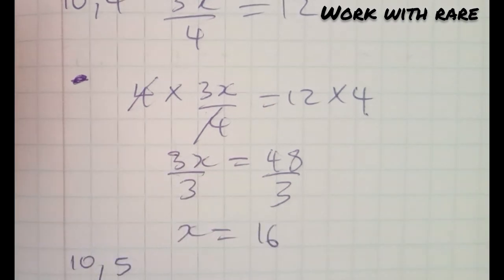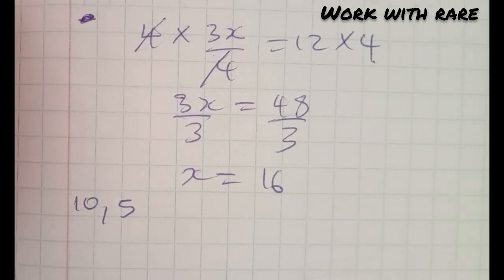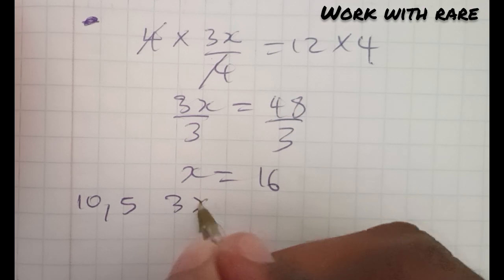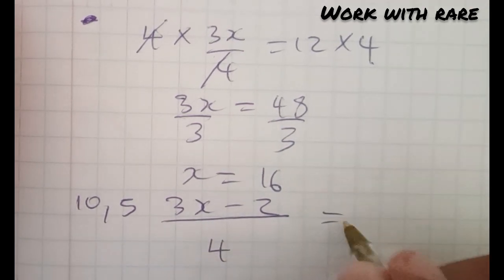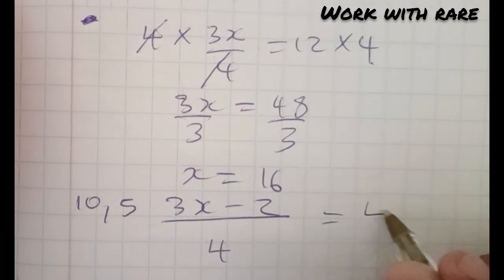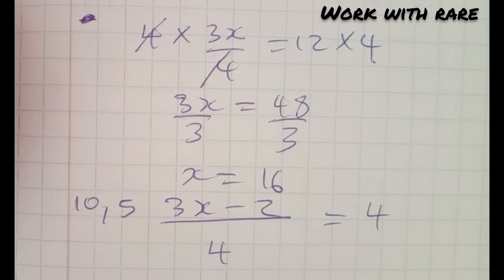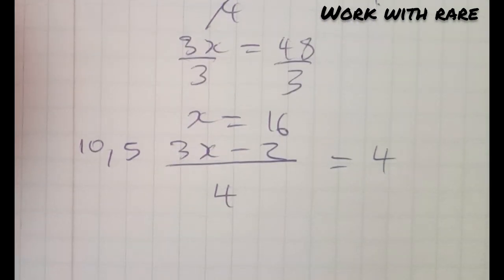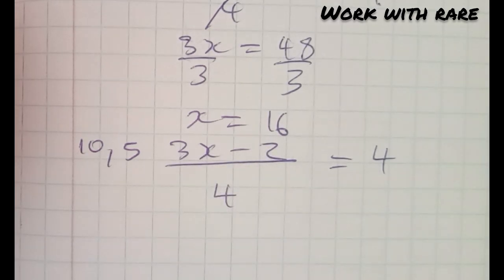Okay, so 10.5. So 10.5 says 3x minus 2 all over 4 is equals to 4. What we did on our previous question, we will also do it here. They are almost the same. The difference is here and the digits, obviously.